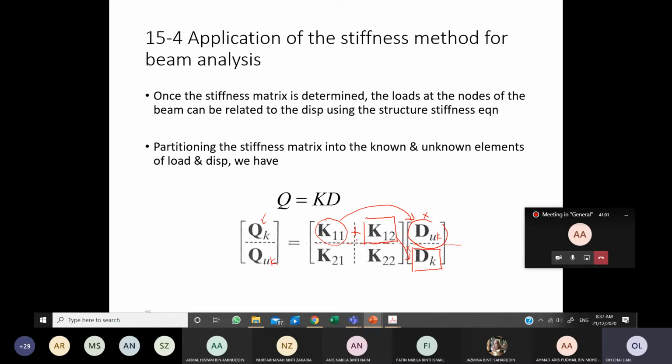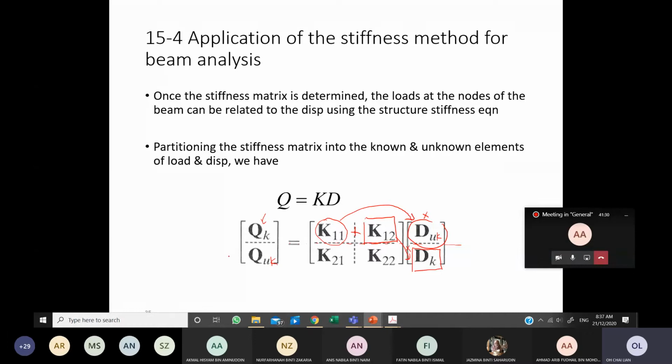For those who forget the matrix calculations, you need to do a slight revision, but this is sufficient for you to know. In order to get the first equation, QK equals K11 multiplied by DUK plus K12 multiplied by DK.